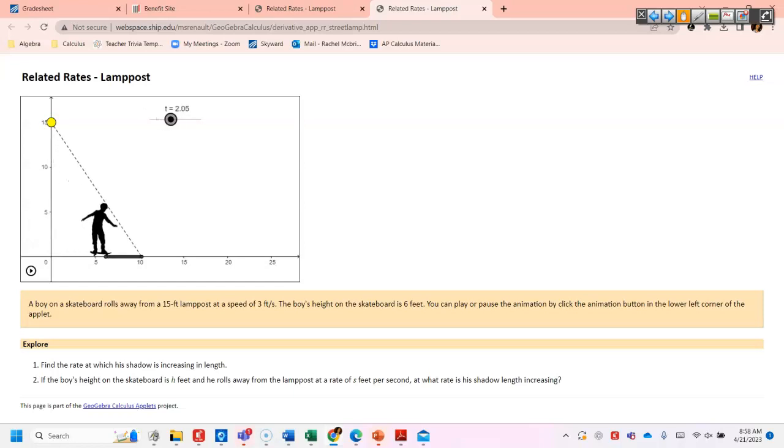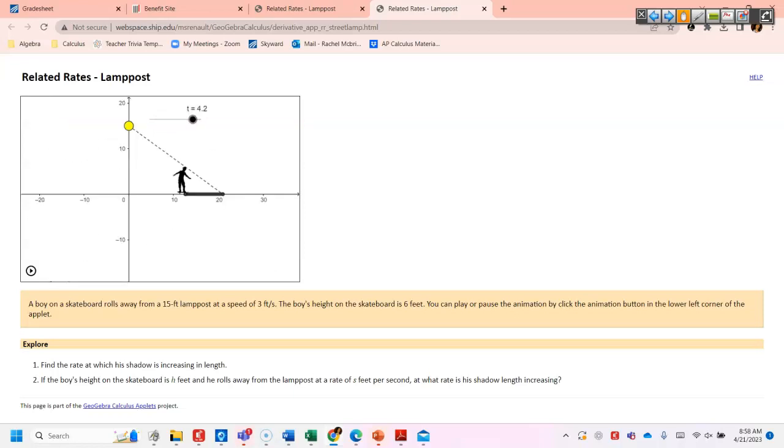So at time 1, 2, etc., he's moving this way. What's happening to his shadow as he moves away from the lamppost? It's getting bigger or smaller as he moves away? Bigger. So we would expect the rate of change.